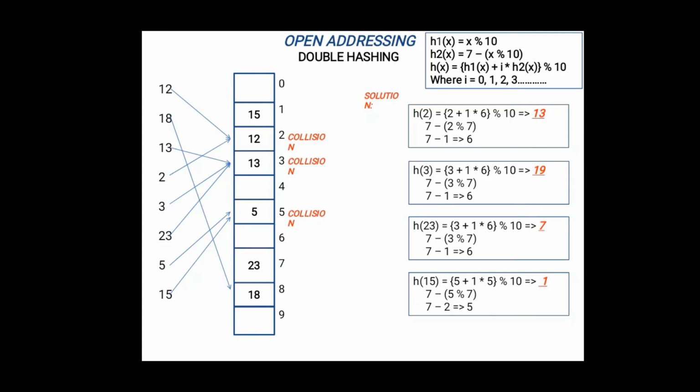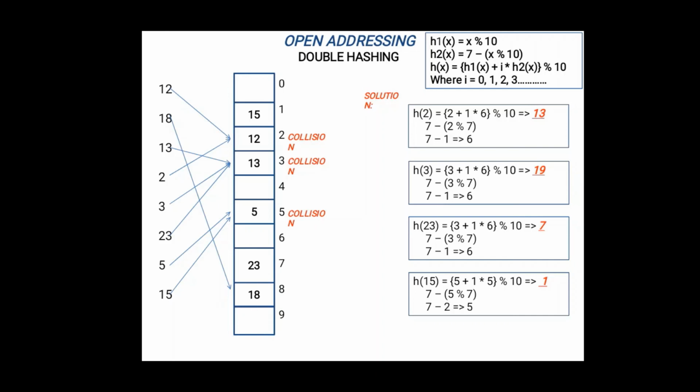So let's start to solve the key 2. So here h of 2 is equal to (2 plus 1 times 6) mod 10. So where do I get that 6? In the second formula, we calculate 7 minus (2 mod 7). Based on the order of operations, we first calculate inside the brackets.